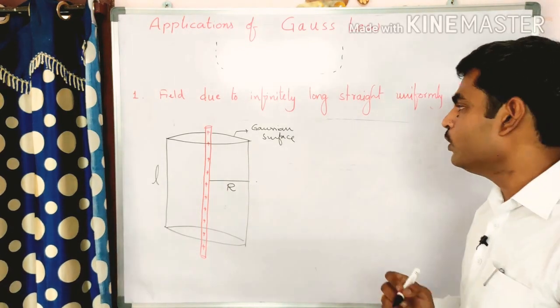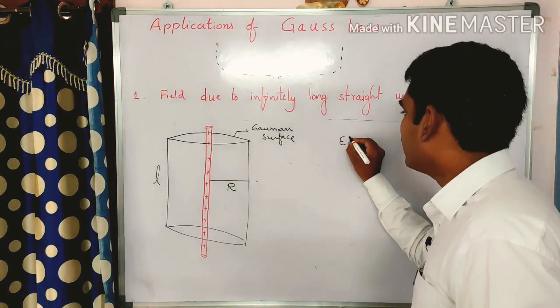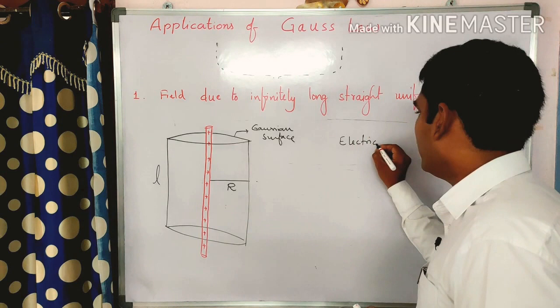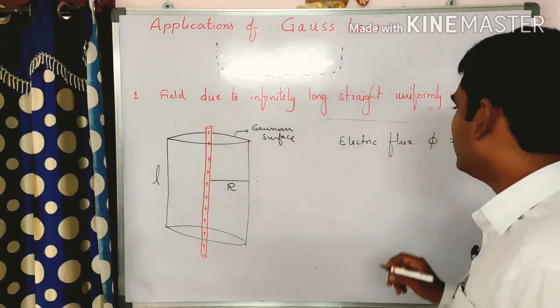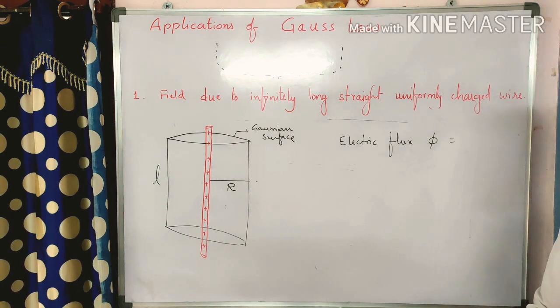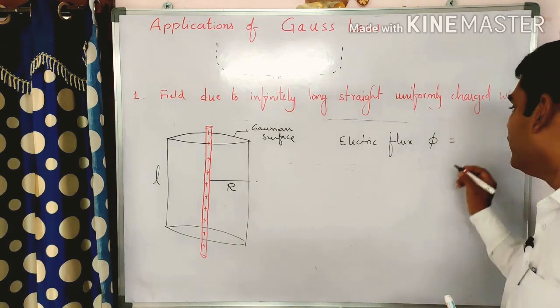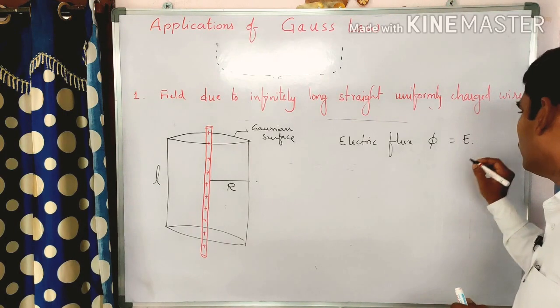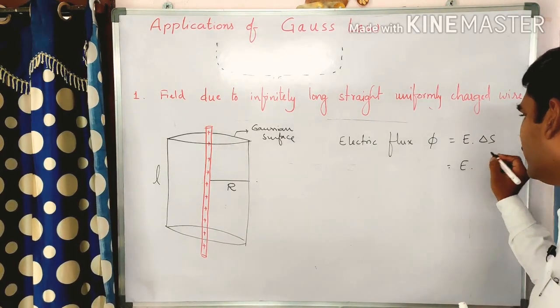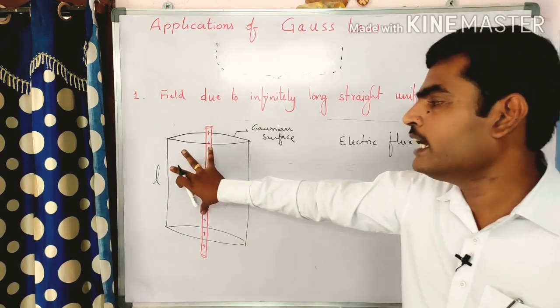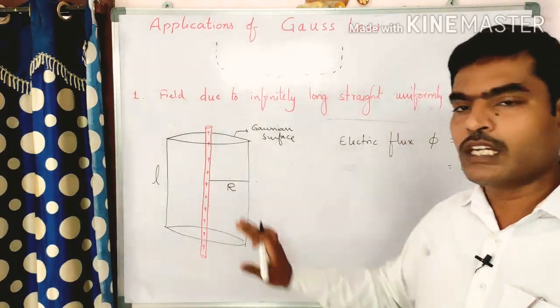So first we will find the electric flux. Electric flux, phi is equal to, what is the electric flux formula? E into delta S, right? Electric field E into delta S. Delta S is the surface of this Gaussian surface.